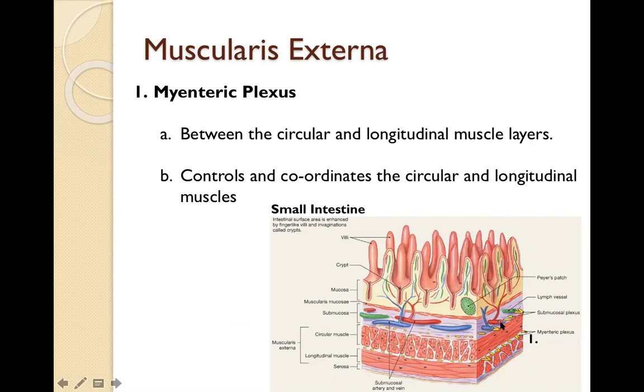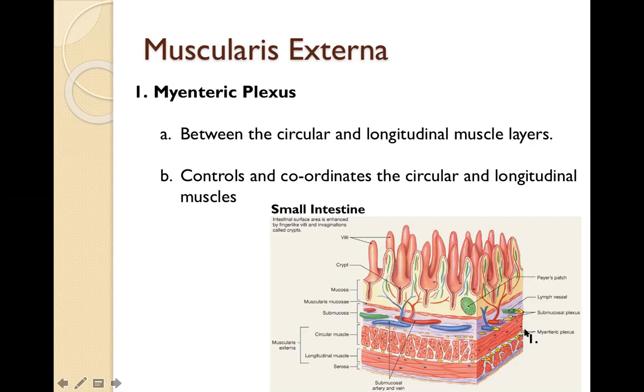Notice that there is another, so here's the nerve meshwork that we talked about already, the submucosal plexus. There's another plexus actually. So there's another group of nerves that is deep to that, and it's actually between the circular layer and the longitudinal layer of muscle. And it's called the myenteric plexus.